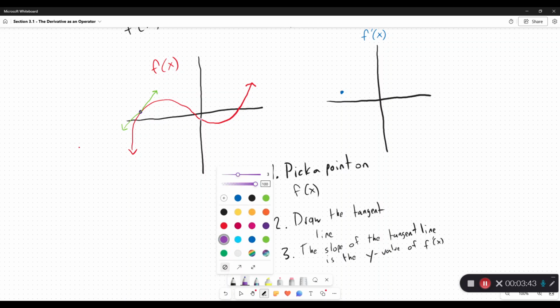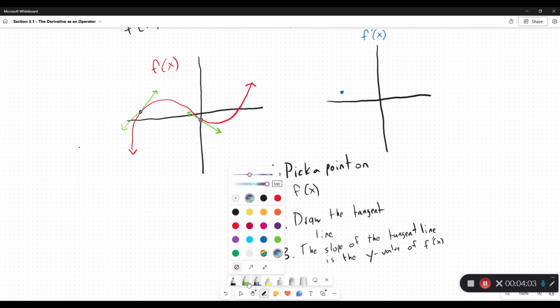Let's pick another point. Let's go right at the origin. Okay. There's our point. Let's create a tangent line. So this tangent line is actually going to go slightly underneath. And the whole point is that this line, again, I don't know the exact slope, but you know what I do know? I know it's negative.